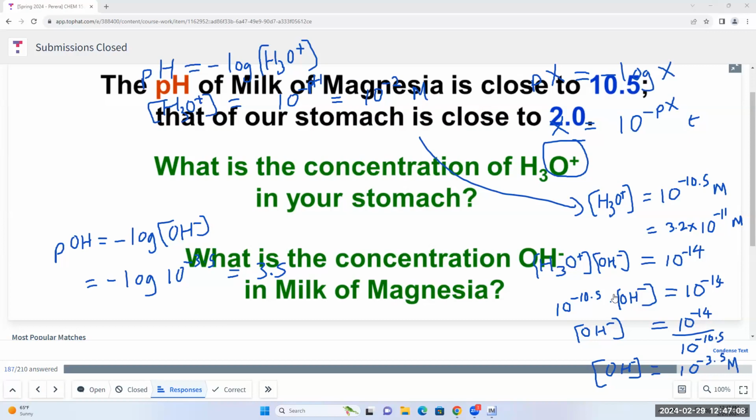Is it supposed to have a unit of molar? For concentration, the units are molar, uppercase M. Okay, I was just making sure. So pH, pOH, or any p does not have any units, but the concentration has units of molar, uppercase M.